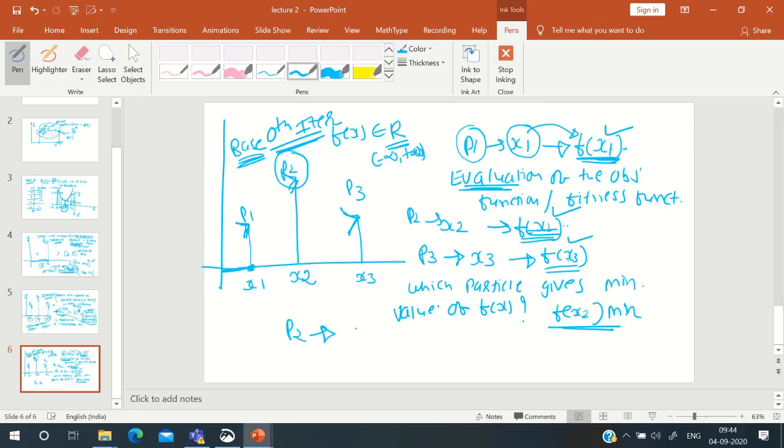It is considered the best particle, or a king particle, or in the language of PSO, it is known as the global best particle, the G best particle. Why global best particle? Because this particle gives the minimum value of the objective function among all particles. It is a king particle. It's a king. Okay.